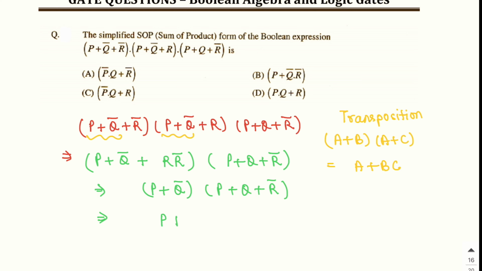So this is P plus Q bar dot with Q plus R bar. We expand this bracket: Q bar dot Q plus Q bar R bar. This comes out to be 0, so we have P plus Q bar R bar. So your answer is P plus Q bar R bar, which is B.